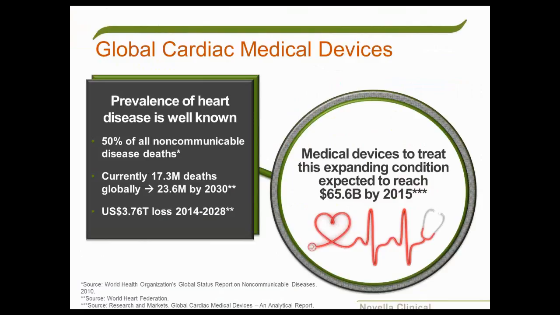And the fiscal aspect of it, the U.S. is currently expected to lose about $4 trillion between 2014 and 2028. That's a huge dollar figure, and about 18% of that loss is due specifically to the decrease in disability adjusted life years. For those of you not familiar with that metric, it essentially measures the productive years of one's life.